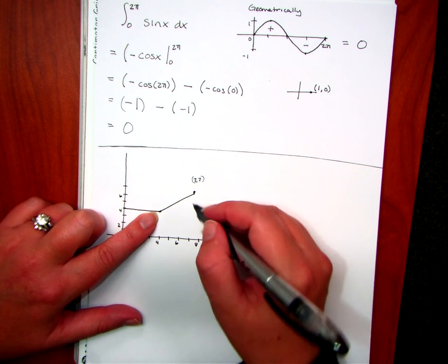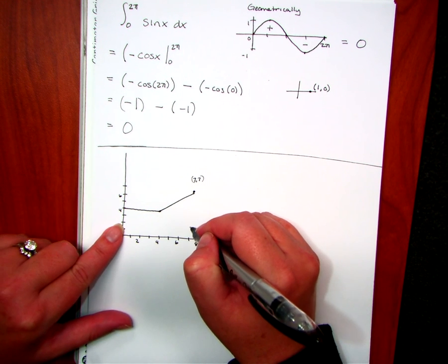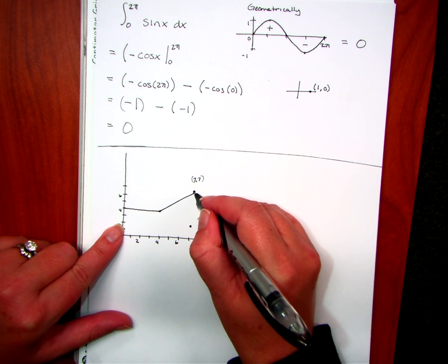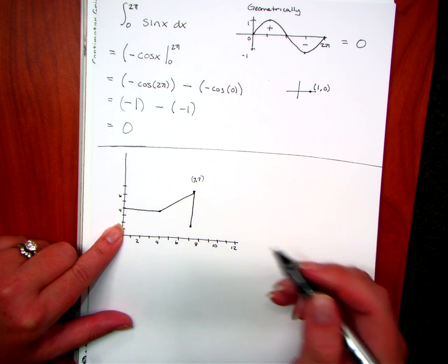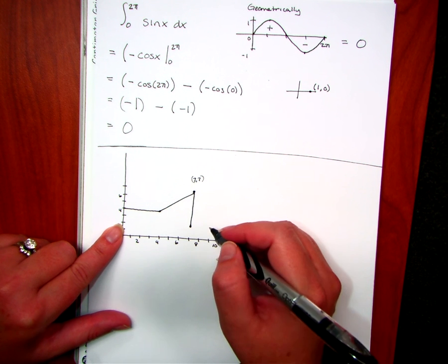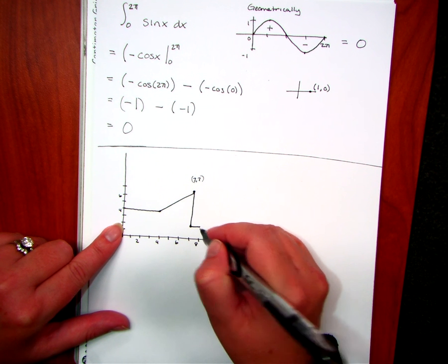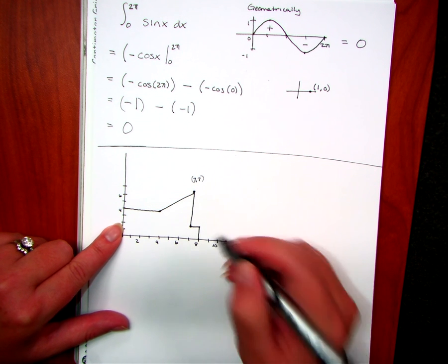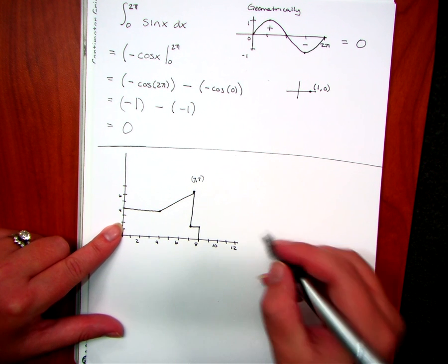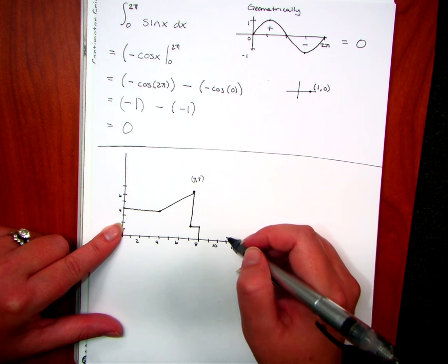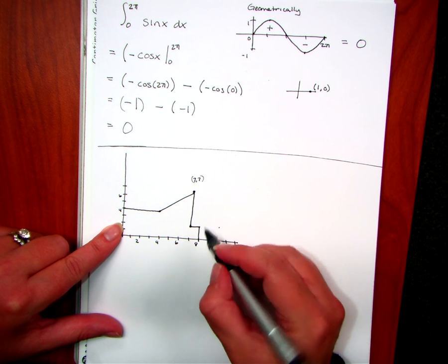And we're going to drop this down to 2. Draw a little rectangle here. And then from 8 to 12 is going to be a semicircle.